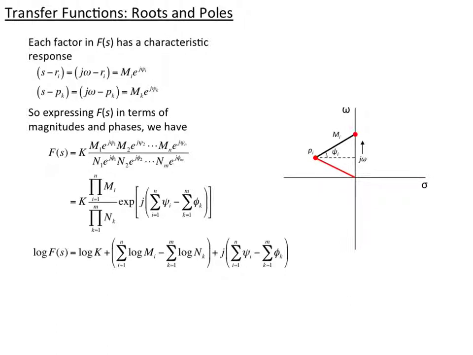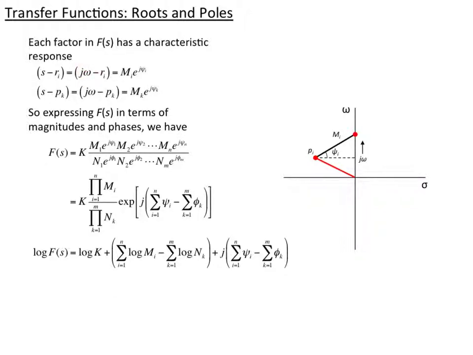So we can break down each of those factors in my transfer function and find a characteristic response of it. Imagine that I have this particular factor, s minus some root or s minus some pole, and I can write that by plugging in j omega minus r.